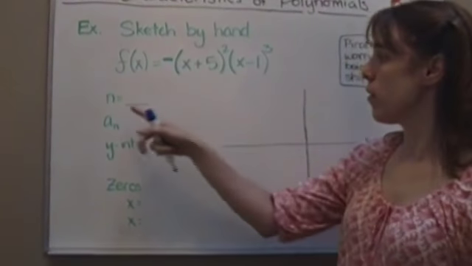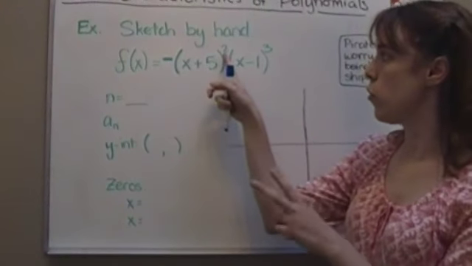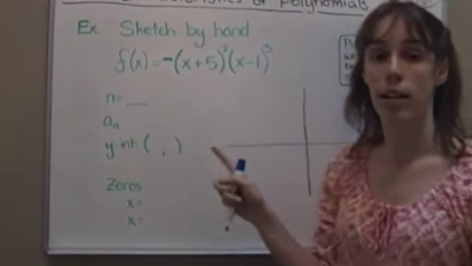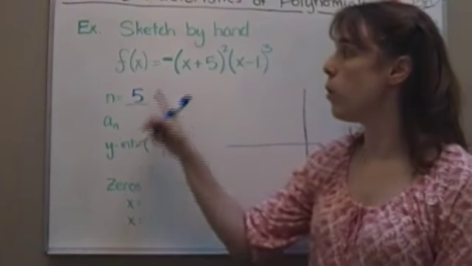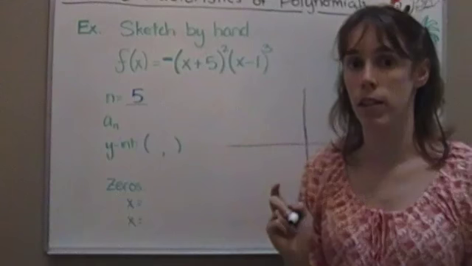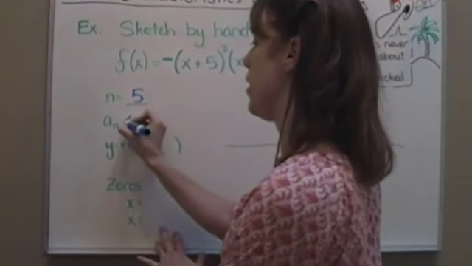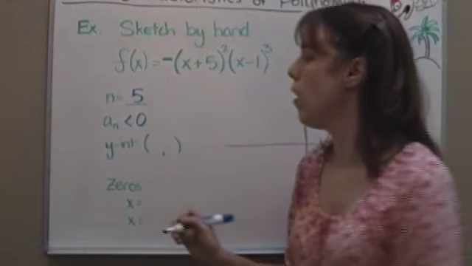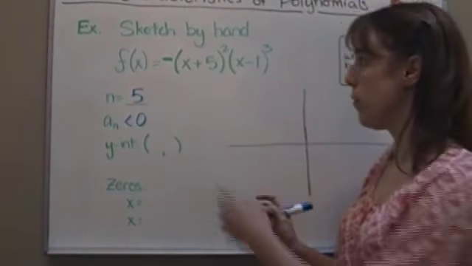Okay, let's try another one. The degree here, start with n. Let's see, we've got x squared, so that's 2, and then 3 more, that's 5. The degree is 5. Our leading coefficient, if we multiplied all of this out, would be negative. So a sub n is less than 0. Our y-intercept, again, plug in 0.